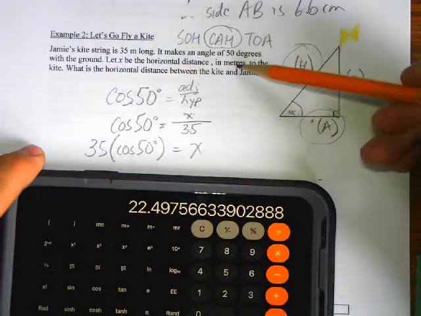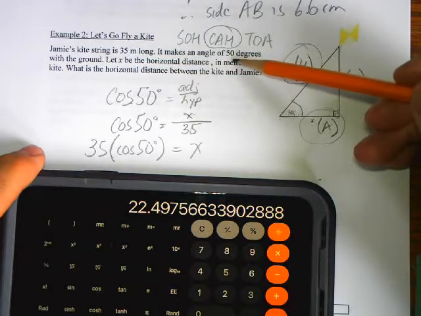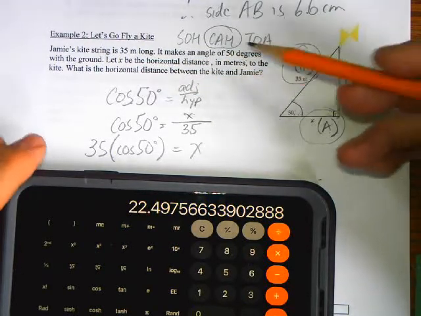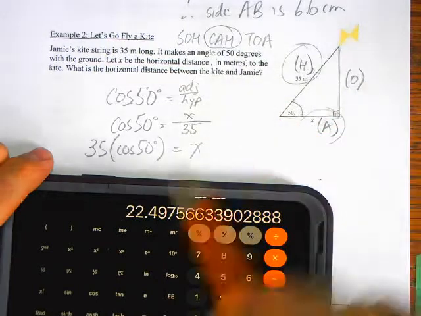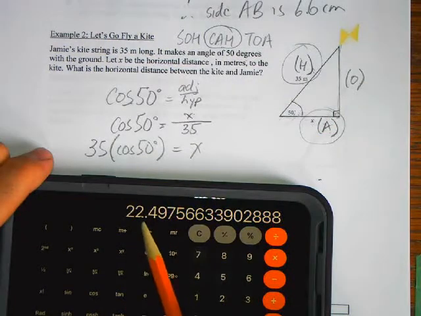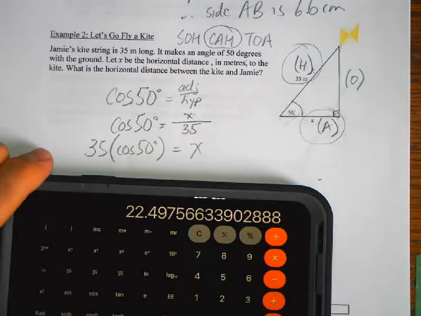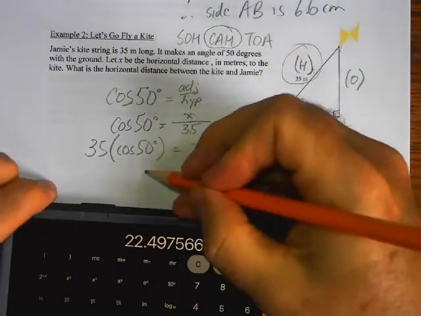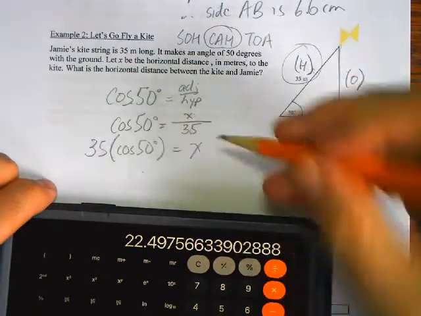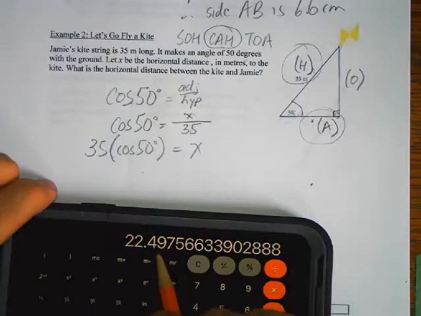They want to know to the nearest meter. Okay. Now this is almost halfway between 22 and 23 meters. 22.49 is about as close as you can get. So in this case, the true answer would be 22 because you'd have to round down.